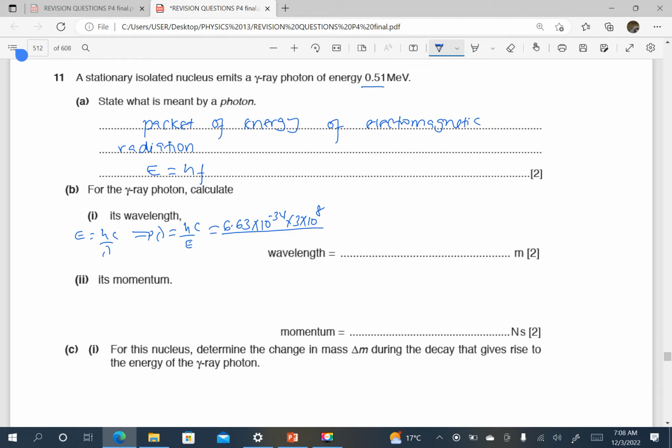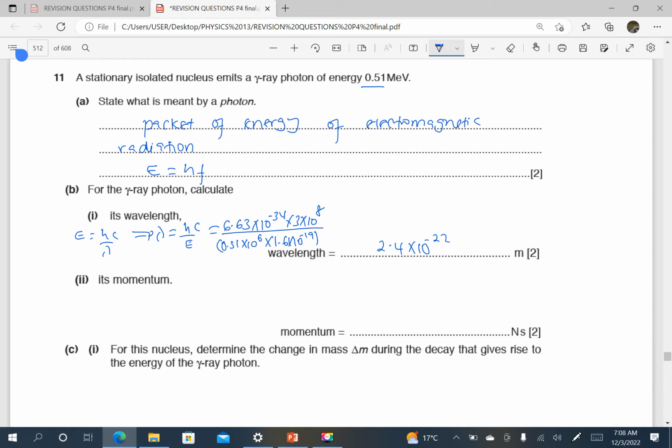The energy is in mega electron volts, so I will change it, 0.51 times 10 power 6, that is now in electron volts, times 1.6 times 10 power negative 19 to change it to joules. So I press my calculator. From my calculator, this is 2.4 times 10 power negative 22.